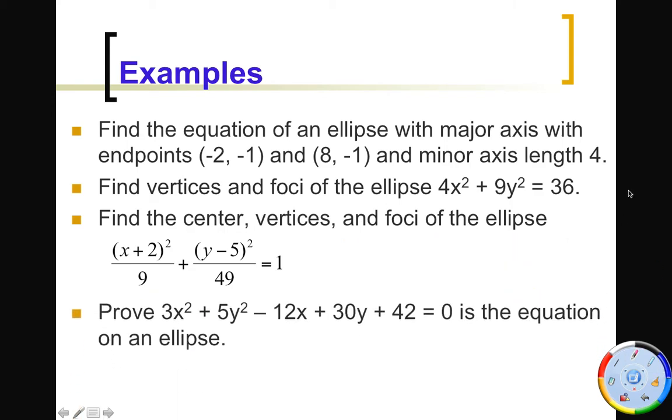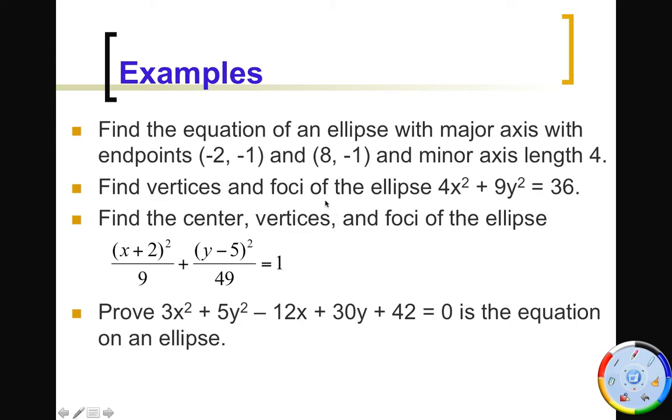Let's try this. We want to prove that this quadratic looking thing is an equation of an ellipse. And again, this is where completing the square is going to come in handy for you. So what we want to do is get all the x's together and all the y's together and all the constants on the opposite side.